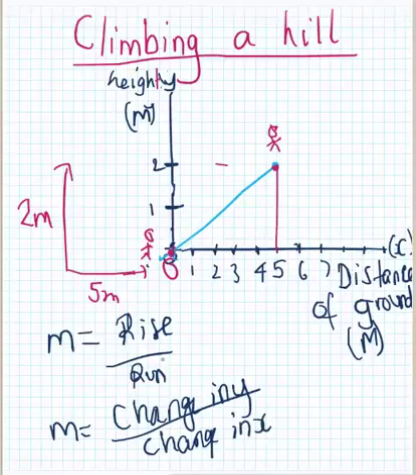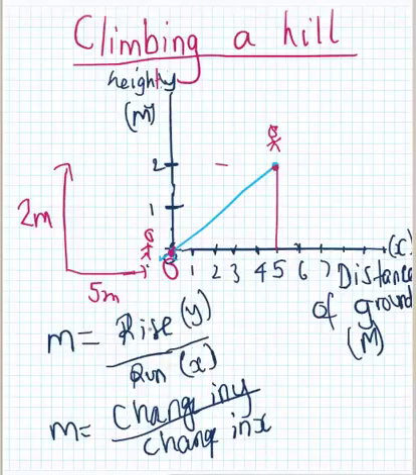Rise over run is fine to use, but if you want to put in brackets y and x to remind you that the rise is first of all the change in the y-axis, and then the run is the change in the x-axis. So that's why we have change in y and change in x.